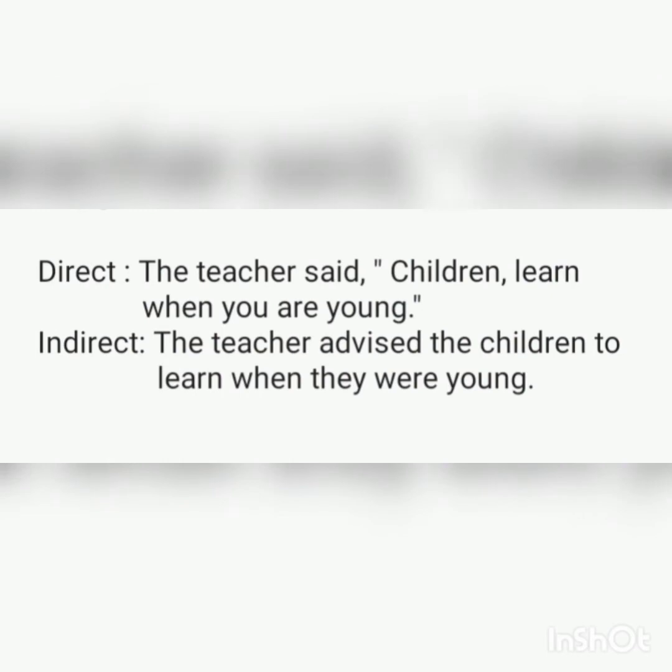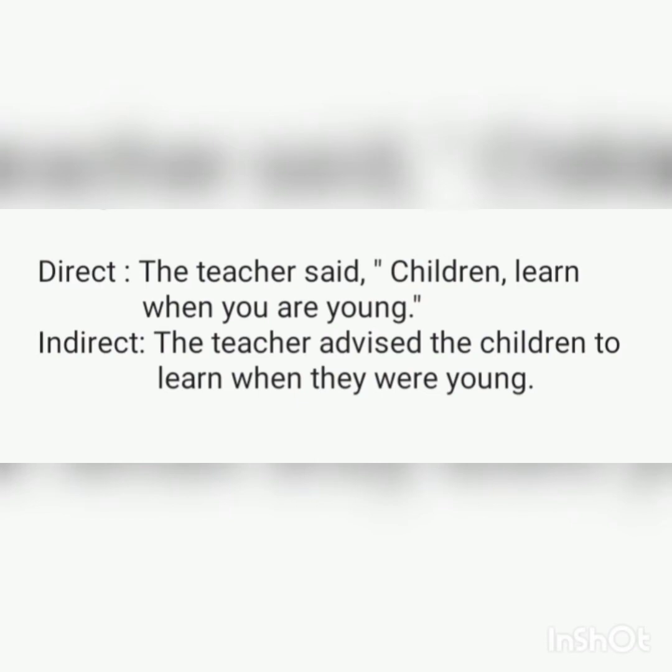Let's move to the next question. Direct speech. The teacher said, "Children, learn when you are young." In this sentence, the reporting verb said does not have an object, but we can use the vocative, that is children, as the object in the indirect speech. And we also know that the reported speech is an imperative sentence which expresses an advice, so we can use the verb advise when we change into indirect speech.